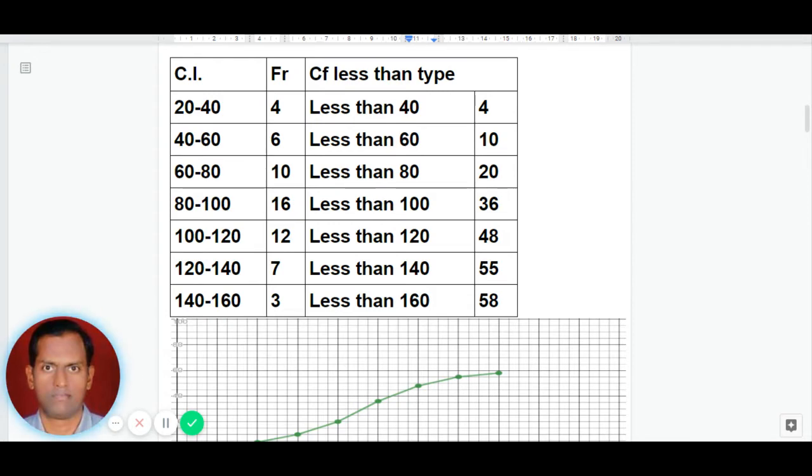The points are (40, 4), (60, 10), (80, 20), (100, 36), (120, 48), (140, 55), (160, 58). That means these points should be represented on a graph sheet. First point 40, 4, and so on. The last point 160, 58.